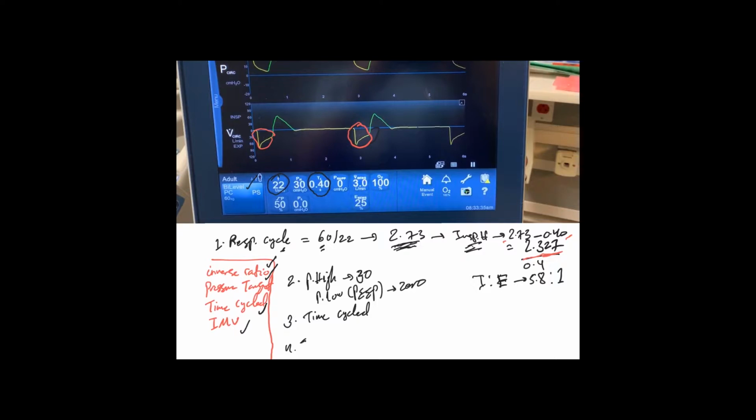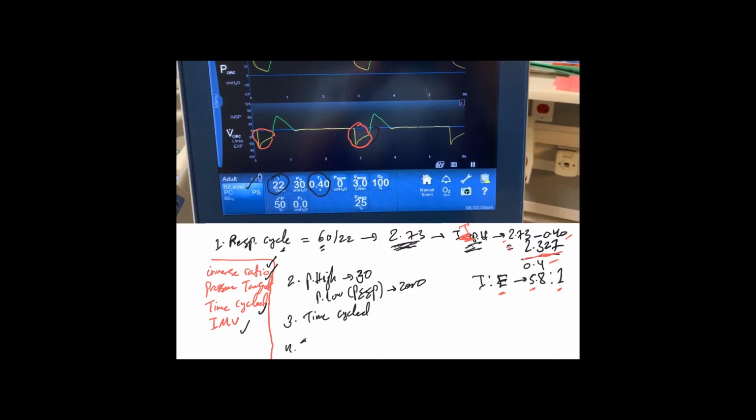Divide T high, which is the inspiratory time, by T low, which is the expiratory time. This is the ratio, 5.8 to 1, and it's exactly what the ventilator shows. So you see there is a huge difference.